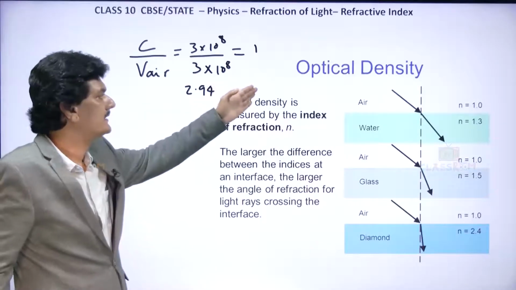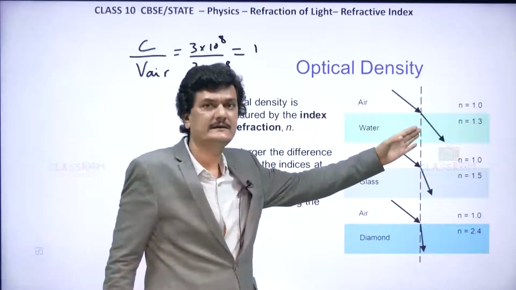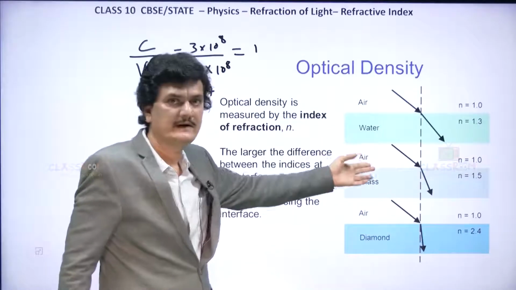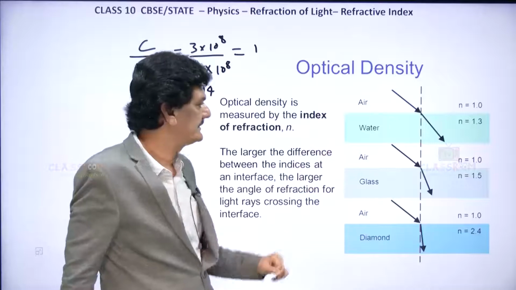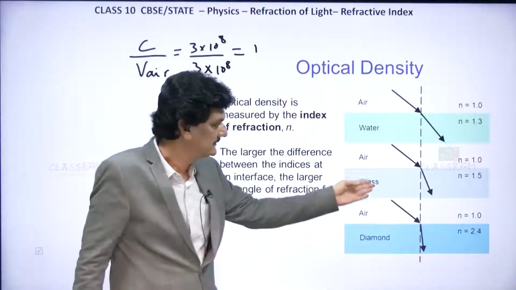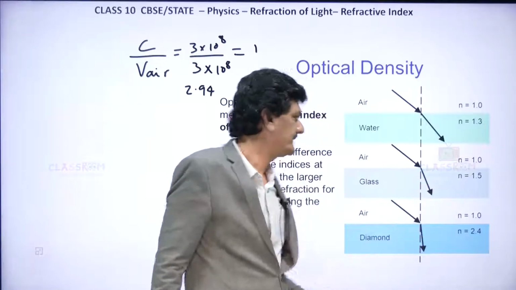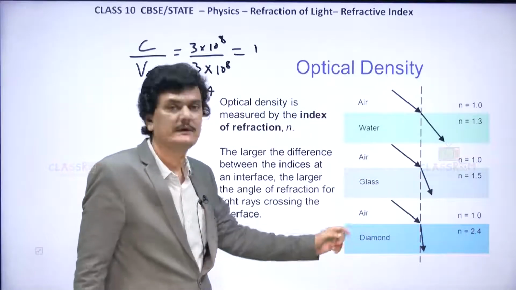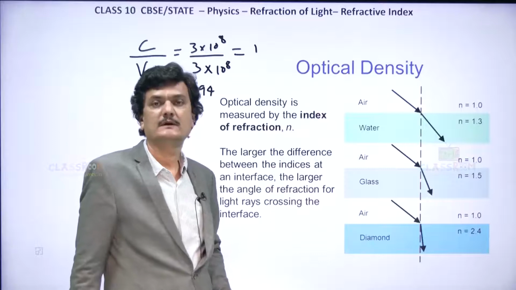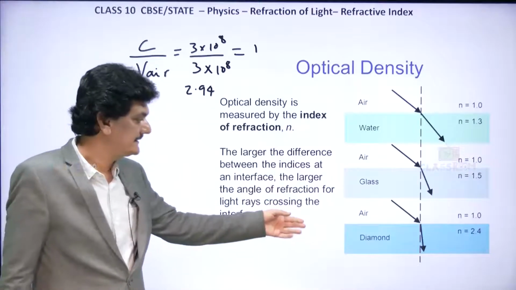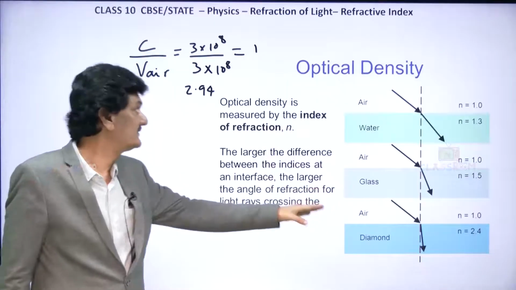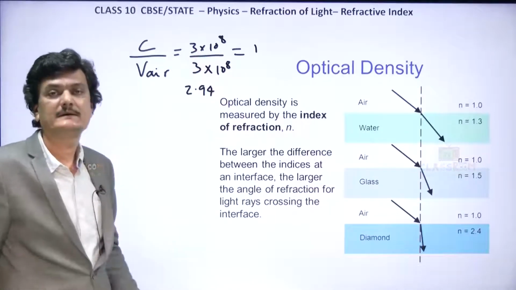So, what is the refractive index of air then? 1. Already we found the refractive index of water, which is 1.33. Then glass, the refractive index is 1.5, and diamond refractive index is 2.4. Means what? The velocity of light in diamond is 2.4 times less than the velocity of light in vacuum.